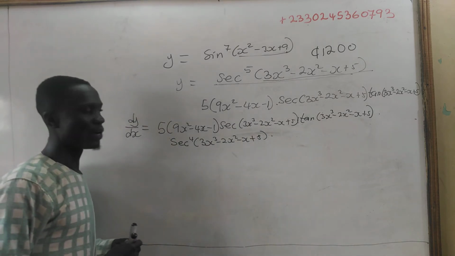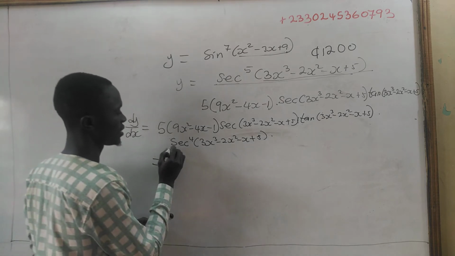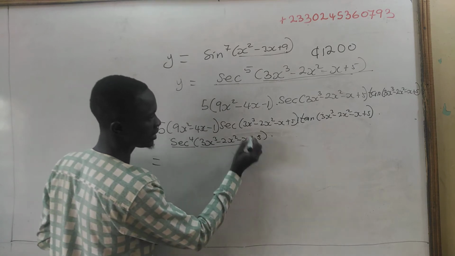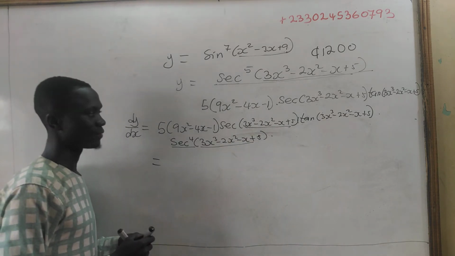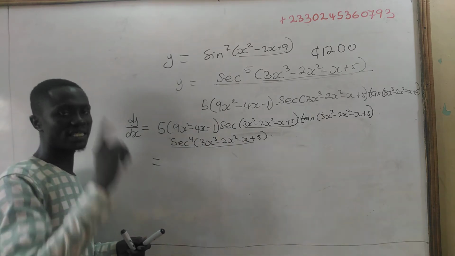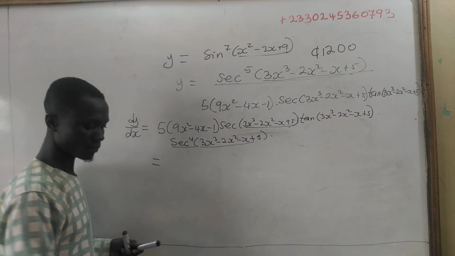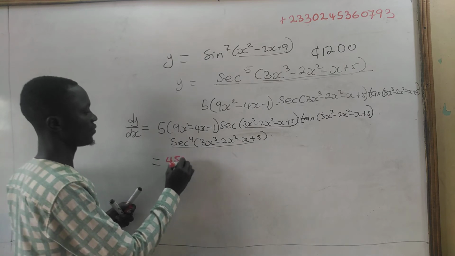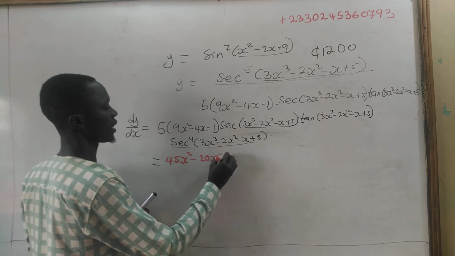So now if you reach here, you see that we have secant power 4, and the angle here is the same angle that we have here. So you multiply them together. So secant power 4 times secant power 1 will give us secant power 5. So if you multiply through by 5, here we are going to have 45x squared minus 20x minus 5.